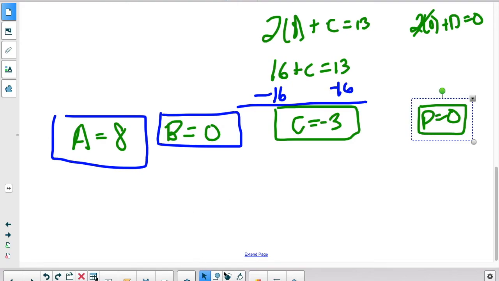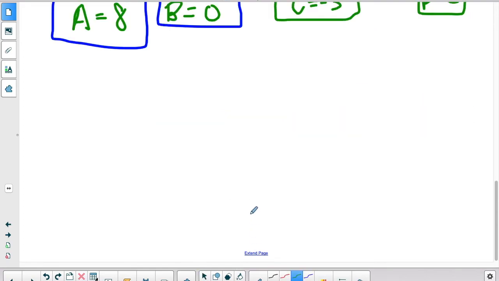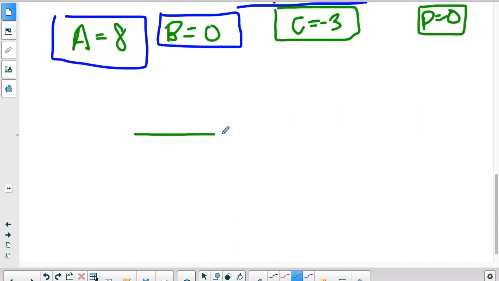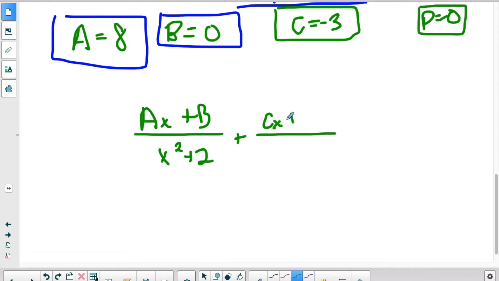And now what we had to start with when we were solving this is (ax plus b) over (x squared plus 2) plus (cx plus d) over (x squared plus 2) squared.